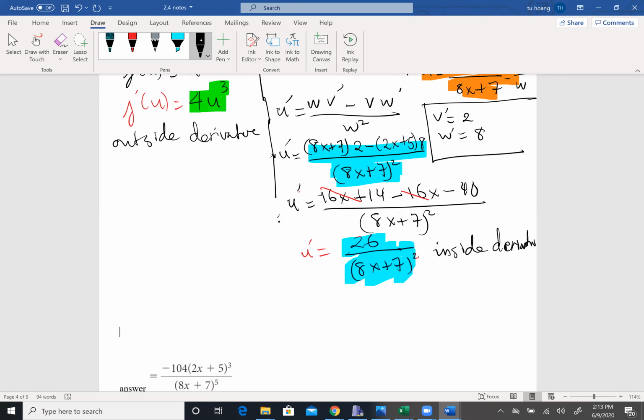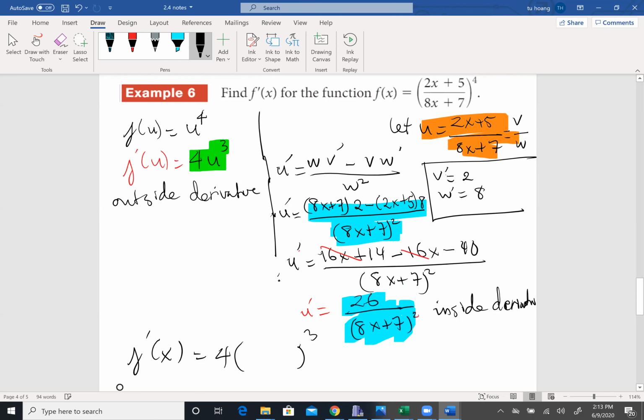In order to find the derivative of f of x, it's going to be the outside derivative multiplied with the inside derivative. So the outside derivative is equal to 4 times u to the power third. What is u? u is 2x plus 5 over 8x plus 7, and then multiply with the inside derivative, which is 26 over 8x plus 7 to the power 2.